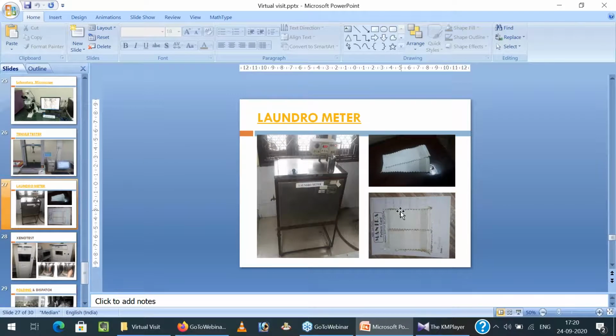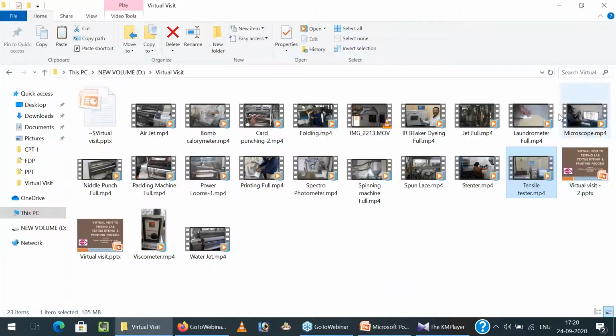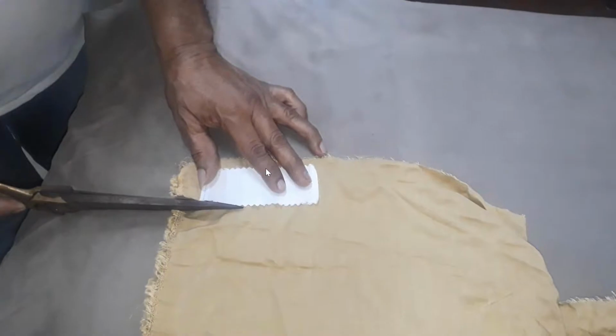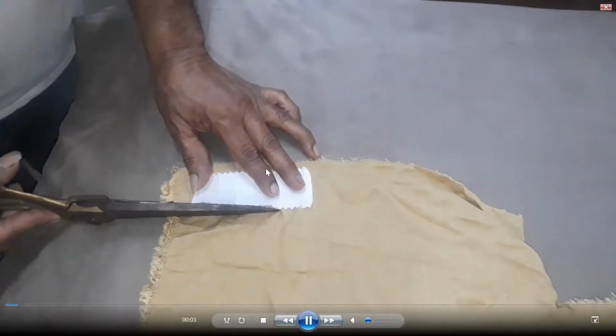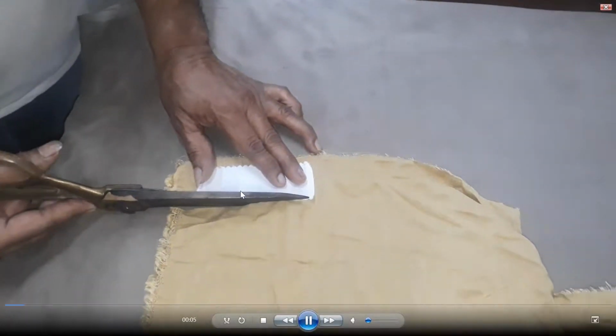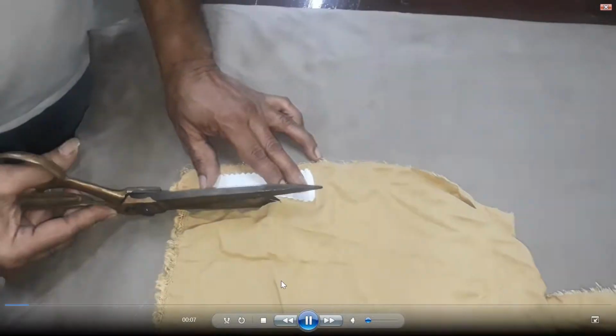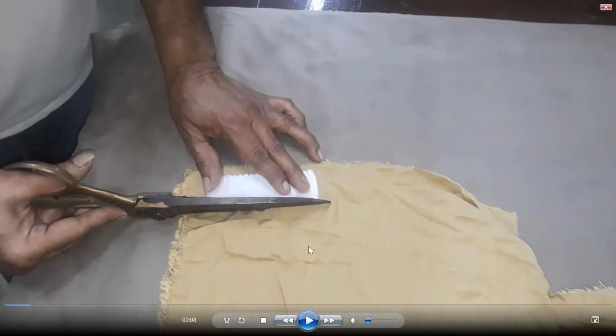Next is the laundrometer. This is important to find out the fastness property. Fastness property means, see, he's cutting a fabric. The color of this fabric has to be assessed.